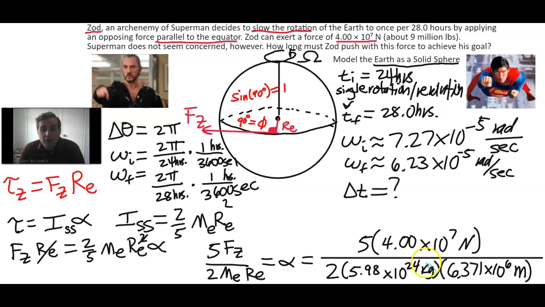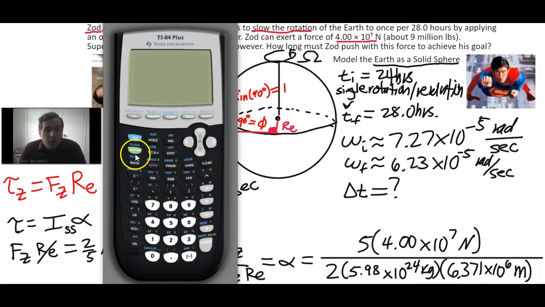All right. So let's go ahead and perform this calculation. So let's get a fraction stack. Alpha F1, numerator over denominator. So we've got 5 times 4 times 10 to the 7th over 2 times 5.98 times 10 to the 24th times 6.371 times 10 to the 6th.